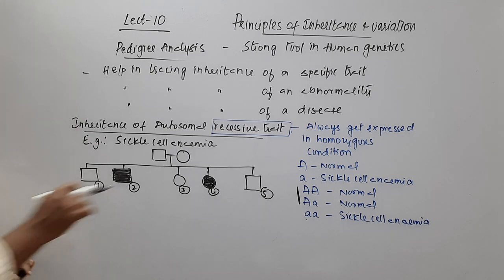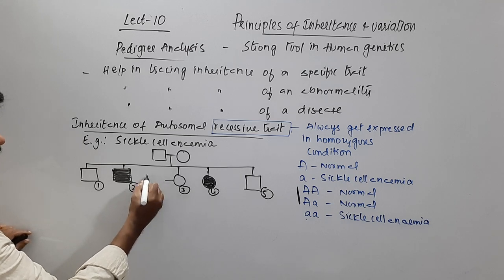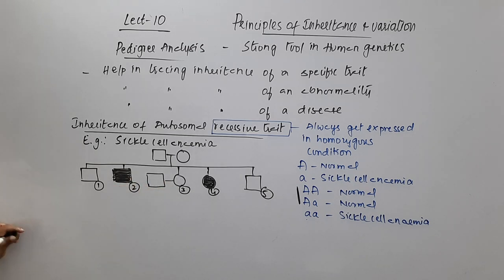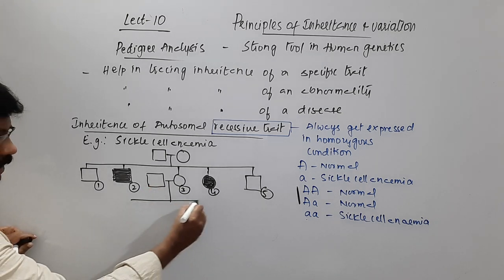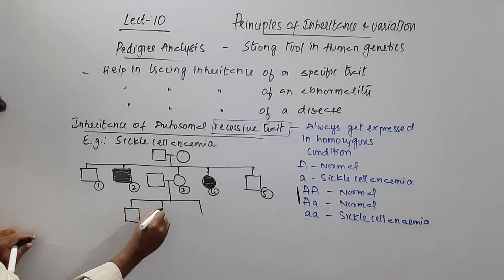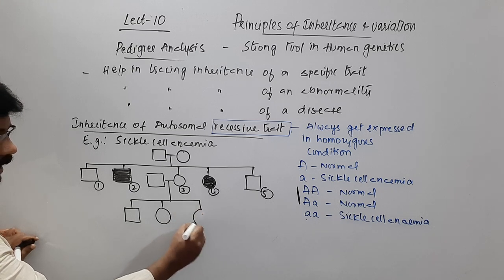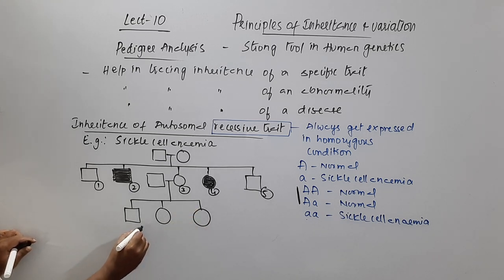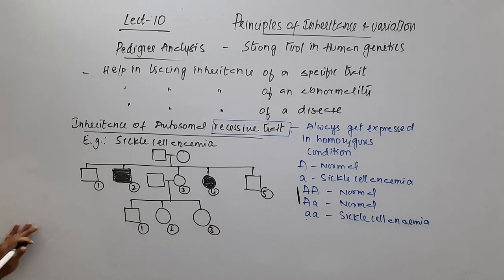Now the daughter who seems to be normal marries a normal man, and they have three children. The first one is male, the second a female, and the third also a daughter.